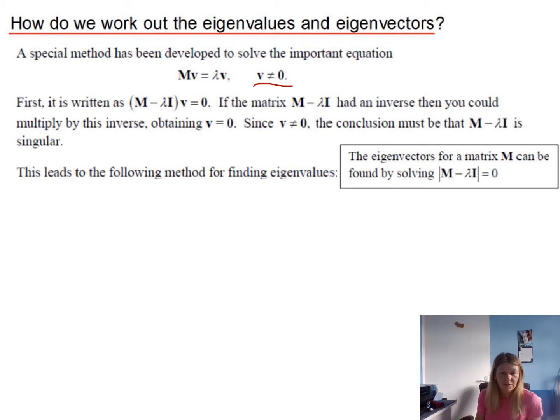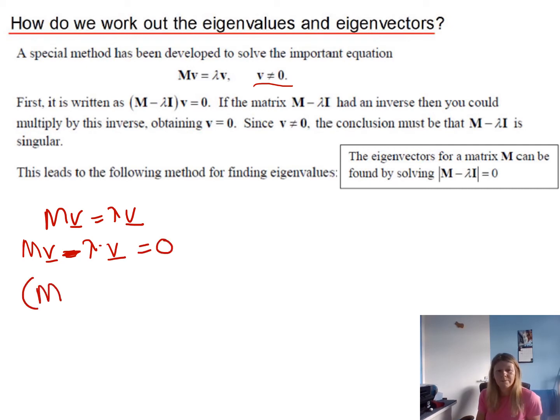So it says first it is written as this. Well, what's happened here is that you've got your Mv equals lambda v. So it's written like this. We brought this over, so Mv minus lambda v equals 0. And then we've pulled out v as a common factor: (M minus lambda) v equals 0.